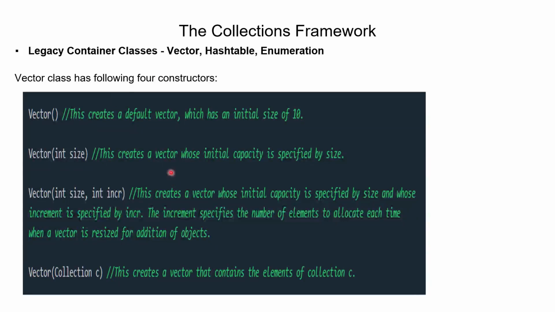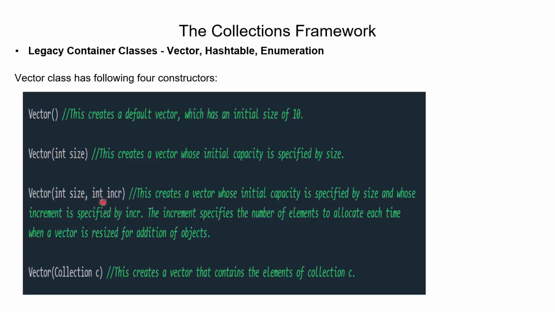The Vector class is overloaded and contains the following constructors. If we don't pass anything, this creates a default vector which is initialized to size 10. If we pass in an integer, that creates a vector whose initial capacity is specified by the size, so whatever size we pass in.